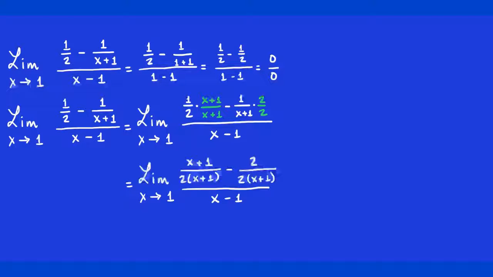There it is. Now, once we have the fractions this way, with 2 times x plus 1 as the common denominator, we can add the fractions. It's pretty much the same thing we're doing in here.